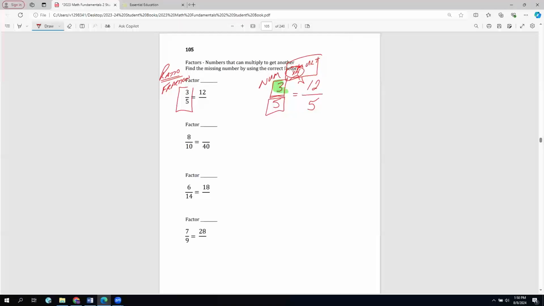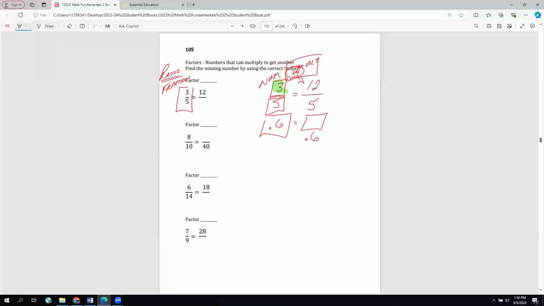So this value, 0.6, what it's actually worth through the division, has to be the same. It can't change. Even though the fraction looks different, remember we talked about equivalent fractions? When I'm changing this fraction, I can't change its value. It has to also be 0.6. So I have to show equivalent fractions.